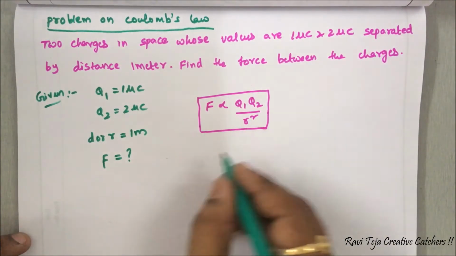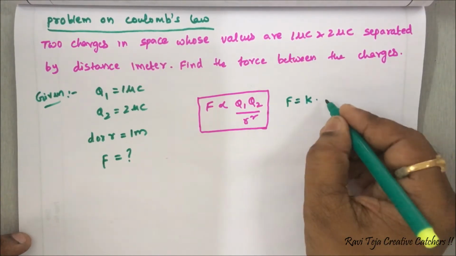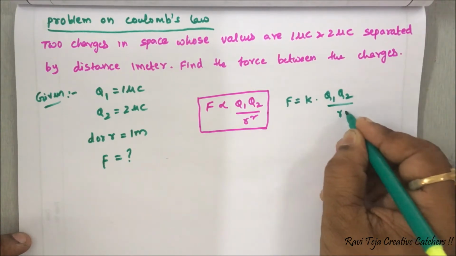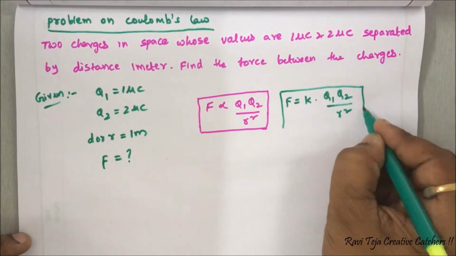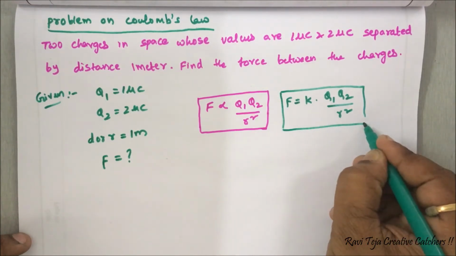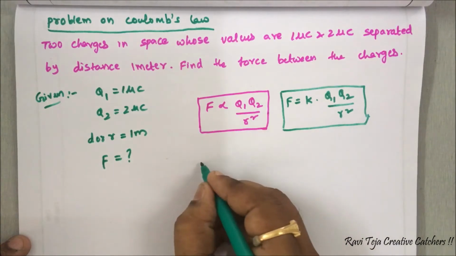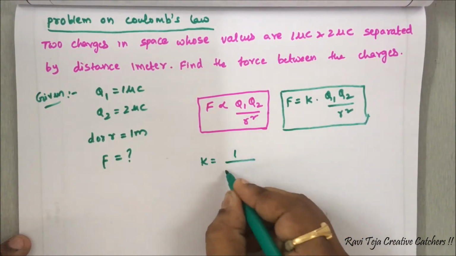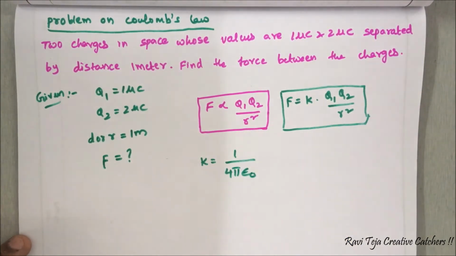So this can be written as F is equal to k into Q1 Q2 by R square. This is what we have rewritten for that particular previous formula. Now what is k? The constant k is given as 1 by 4 pi epsilon naught.